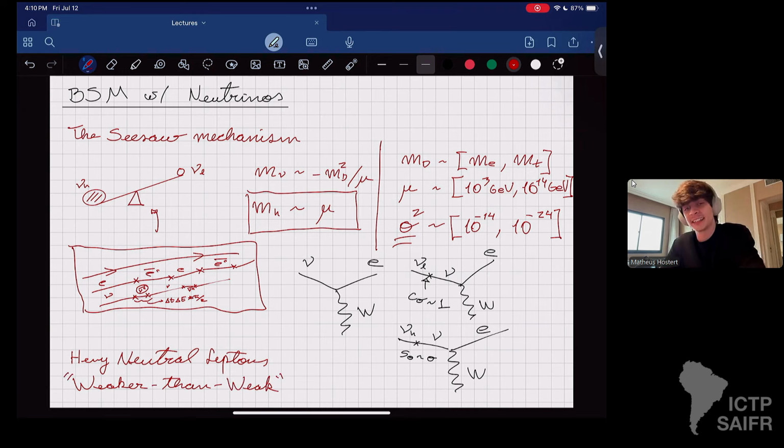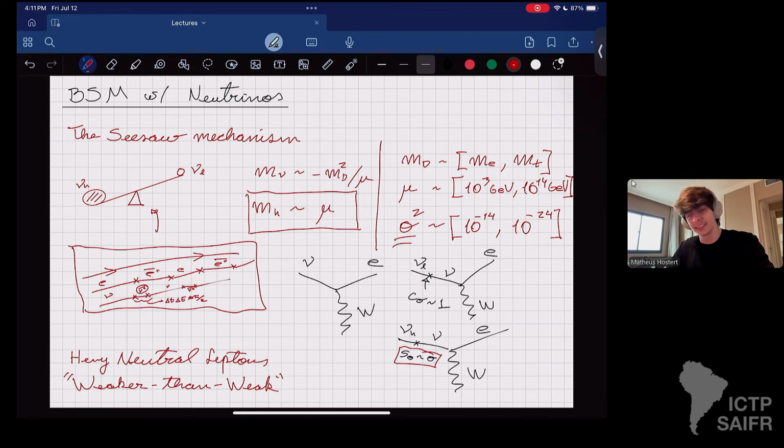What this means is that if neutrinos are weakly interacting because they only talk to the weak force, then these heavy neutral leptons are even less interacting because they only interact through the weak force, suppressed by the small mixing angle theta. So it's very hard to test the normal seesaw.